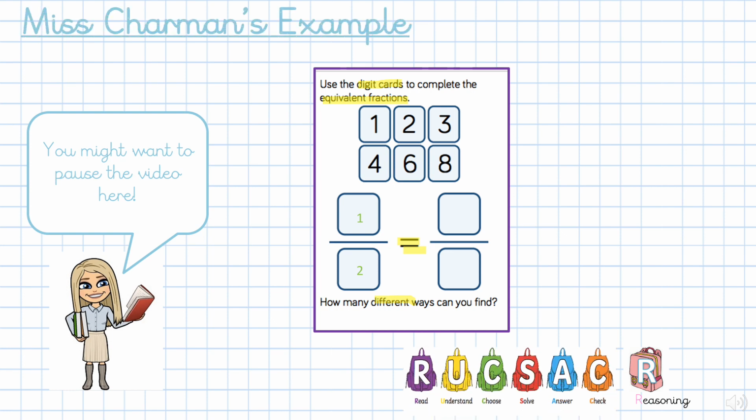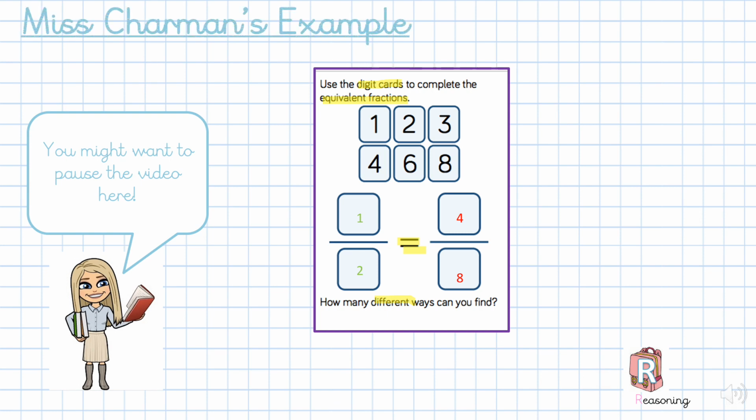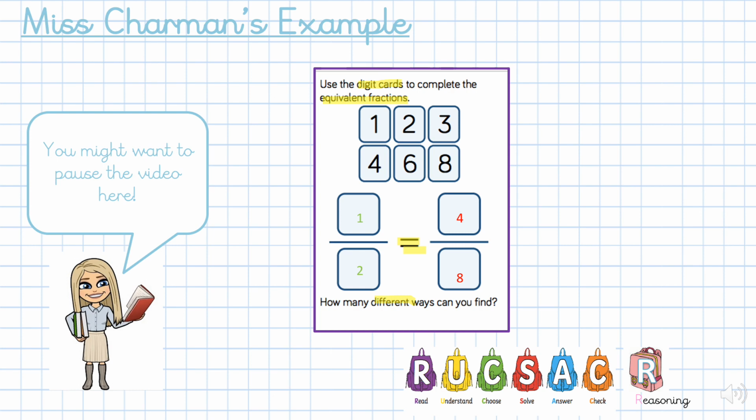I'm going to start by choosing the digits 1 and 2. So I now need to work out how many equivalent fractions I can make using the digit cards which are equivalent to 1/2. I know that 1/2 is equivalent to 4/8.